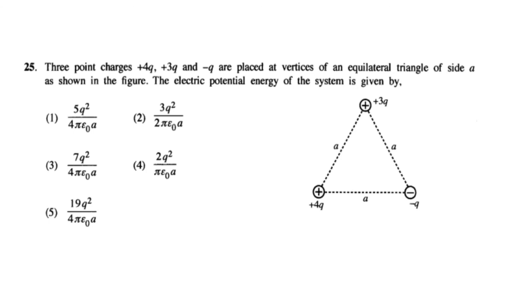So that is equal to 5Q squared divided by 4 pi epsilon naught A.